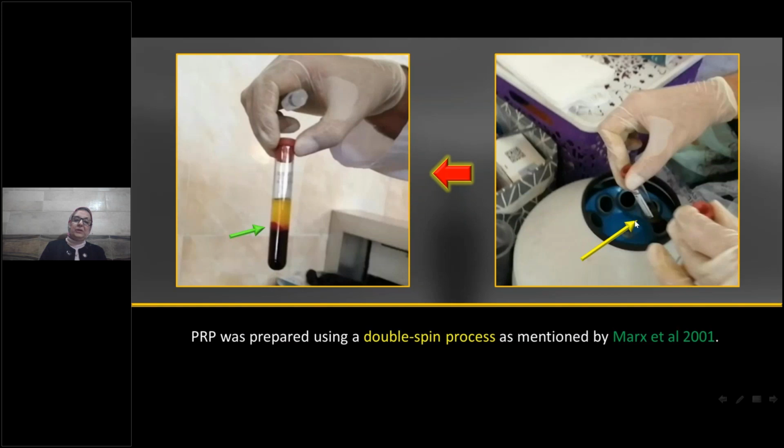First time centrifugation about 1,000 rpm for 12 minutes. We have 3 layers: red blood cells, platelet poor plasma at the top, and the platelet rich layer in the middle.